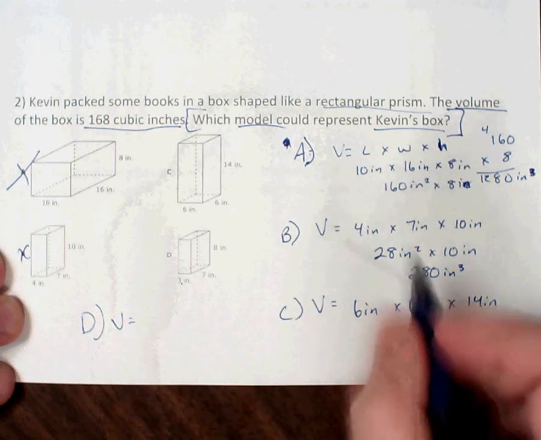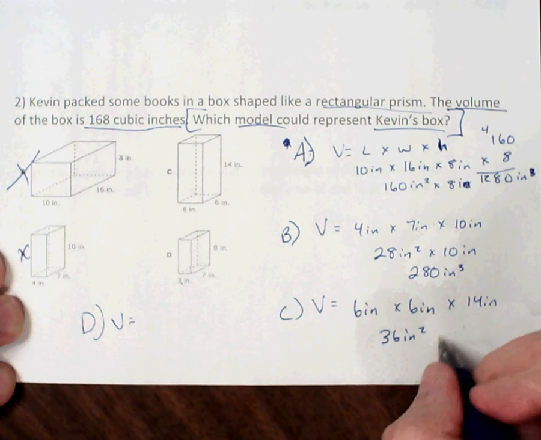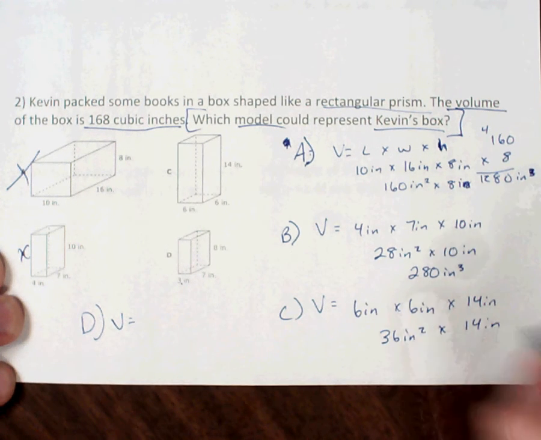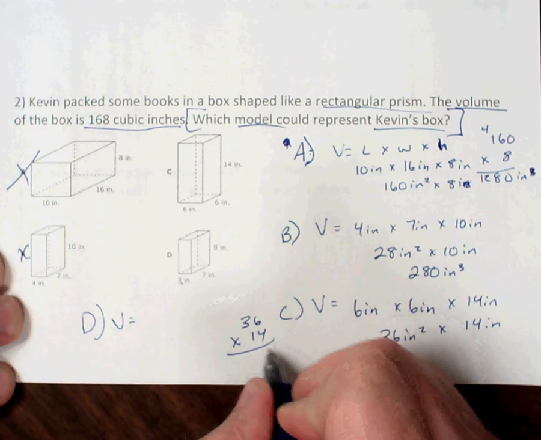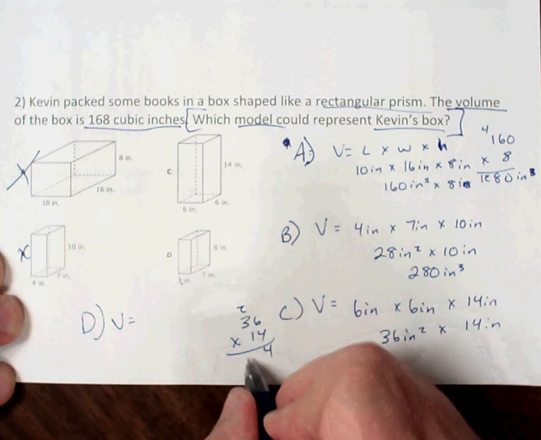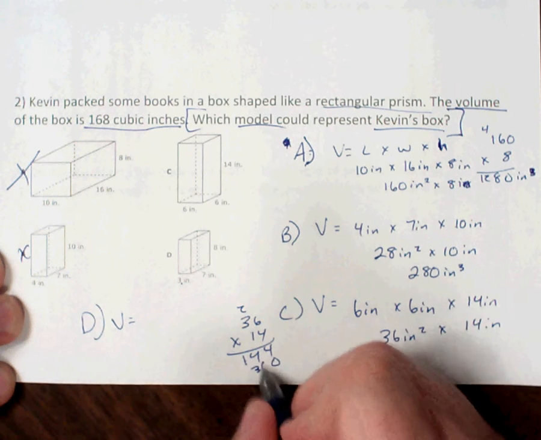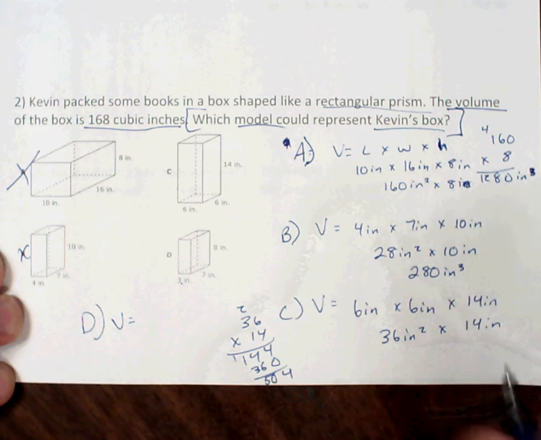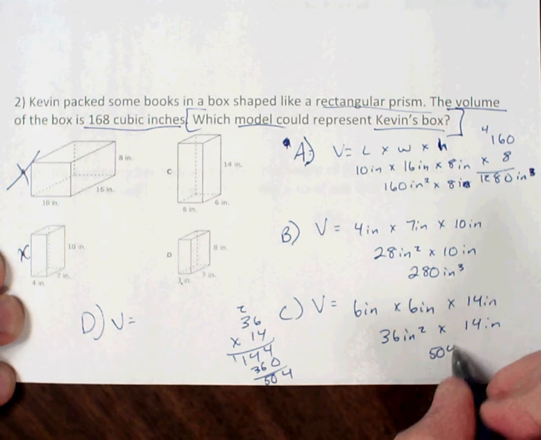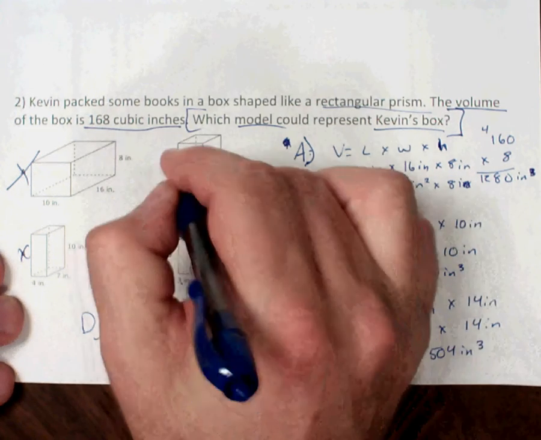So the area of the base, 6 times 6, is 36 square inches times 14. Going to need to do that off to the side. So that's going to be 504 cubic inches. So that's not going to work.